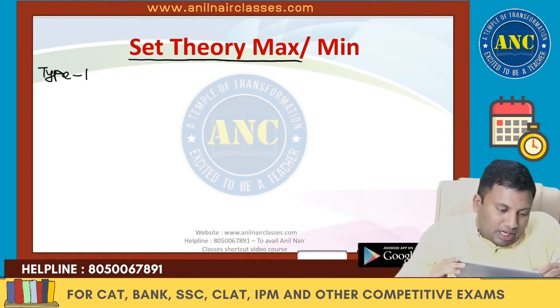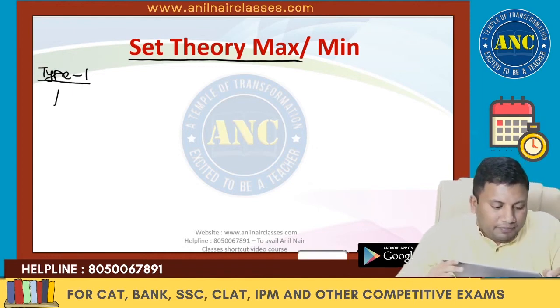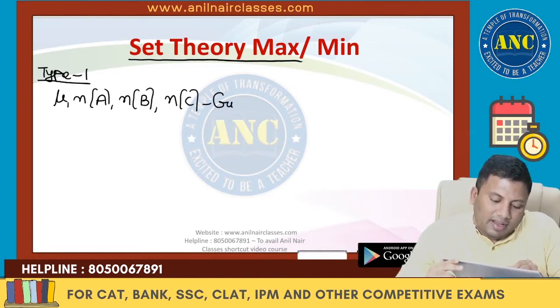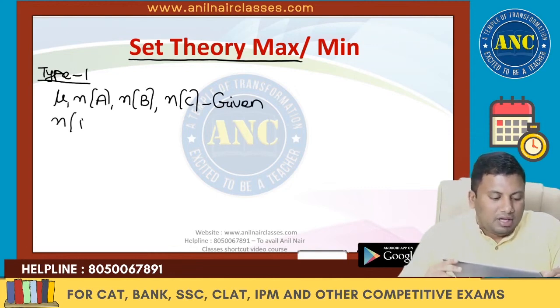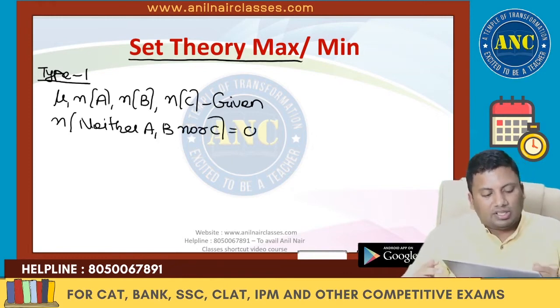There are two types of questions that will come in your examination. Type 1: mu will be given, n of A will be given, n of B will be given, n of C will be given. All the values will be given in your question. N of neither A, B nor C will be given as 0.